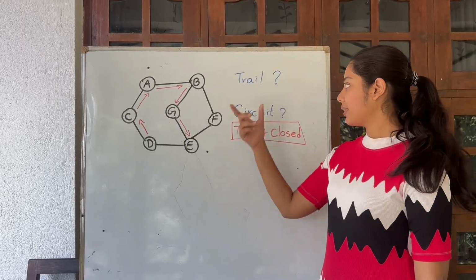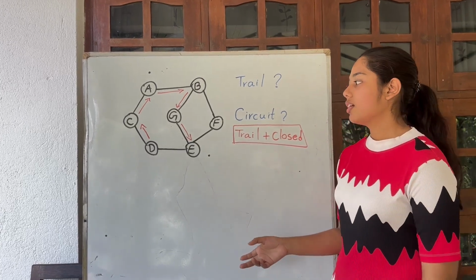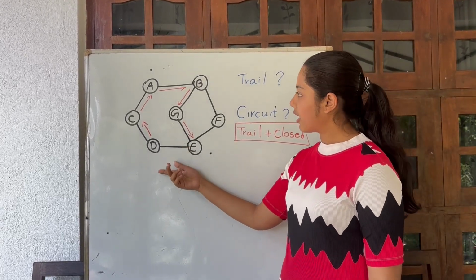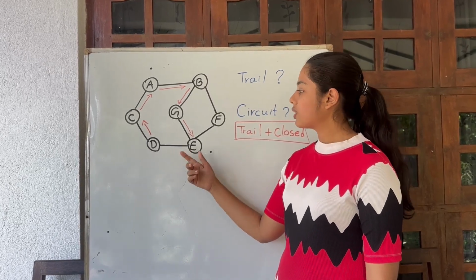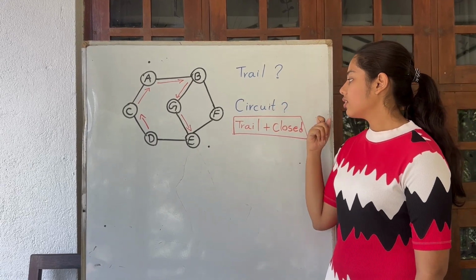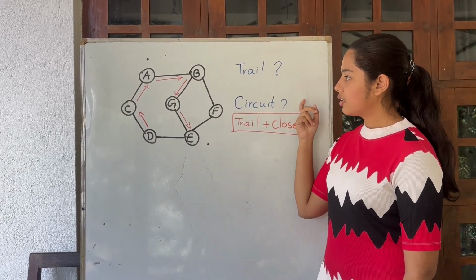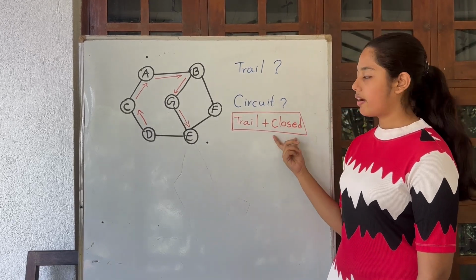Our second type is trail. In the trail, the edges cannot be repeated. Here we have an example graph. There are no repeated edges, so this is a trail. And our third type is circuit. A circuit should be a trail and it should have a closed walk.